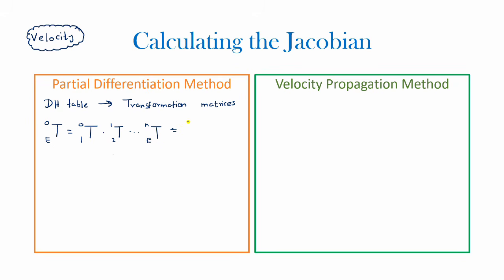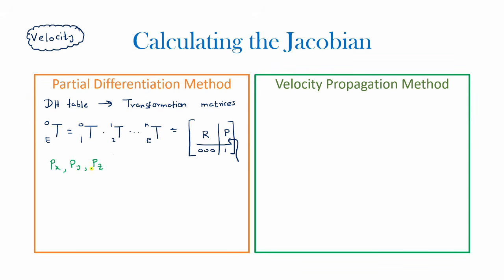And this final transformation matrix would be in the form of a 4x4 matrix with a position vector and a rotation matrix. So this position vector here would comprise three values. You would have a position in x, y, and z.